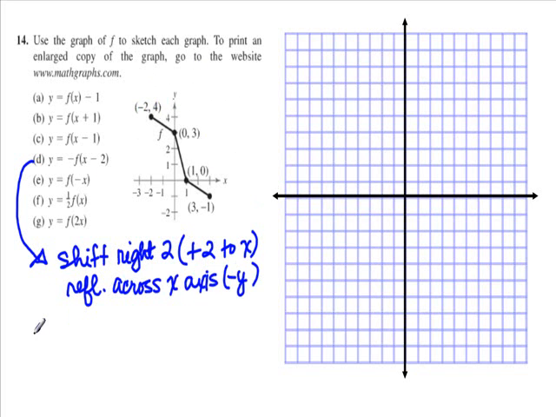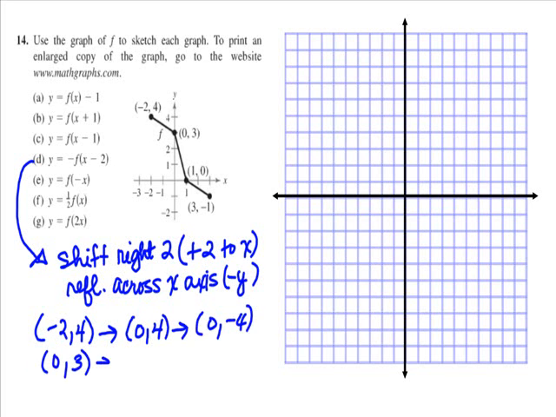So this point (-2, 4), we're first going to shift it, adding 2 to x would be (0, 4). And now taking the opposite of y would be (0, -4). (0, 3) shifts right by 2 to become (2, 3). And then reflecting across the x-axis would become (2, -3).